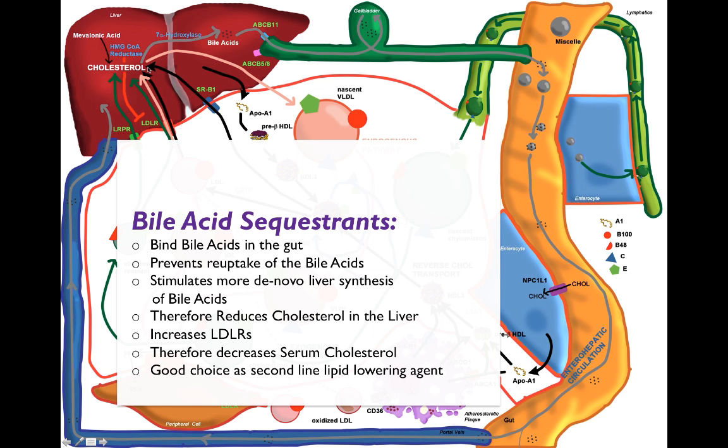When the liver is using up the cholesterol, the cholesterol depletion in the liver signals the liver to put up more LDL receptors, which then leads to more binding of LDL to the LDL receptors and lowering LDL cholesterol levels. So bile acid sequestrants after statins are a pretty good choice as a second-line lipid-lowering agent.